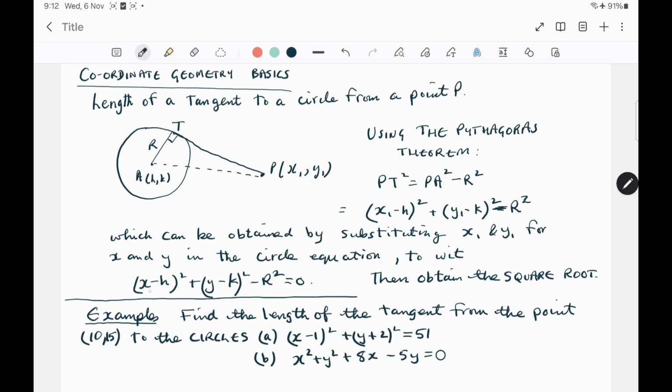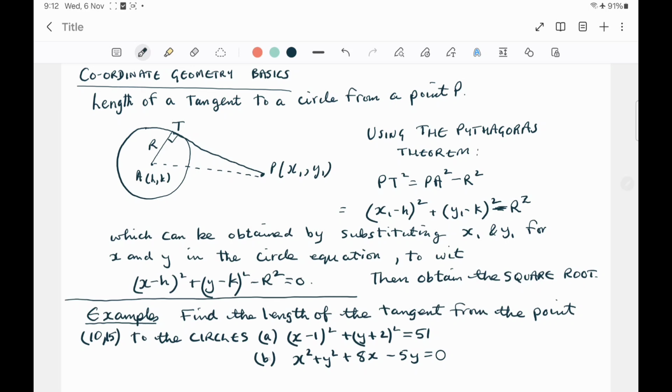The general equation would be x minus h squared plus y minus k squared minus r squared, and then just substitute x1 for x and y1 for y, work out the left-hand side of that, and then just take the square root. And that will give you the length of the tangent.